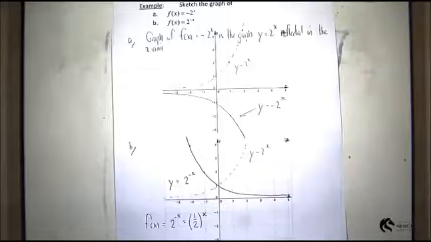So the graph of f is equal to 3 to the x plus 1 is the graph of y is equal to 3 to the x shifted to the left by 1 unit.